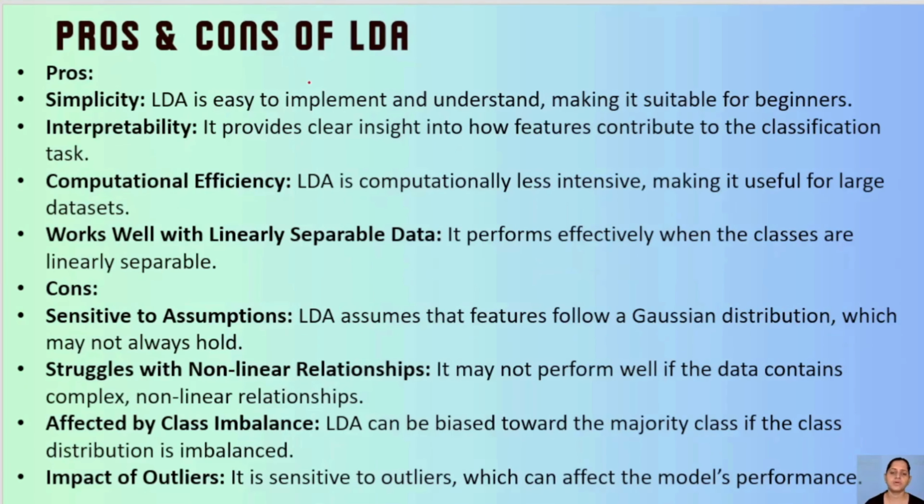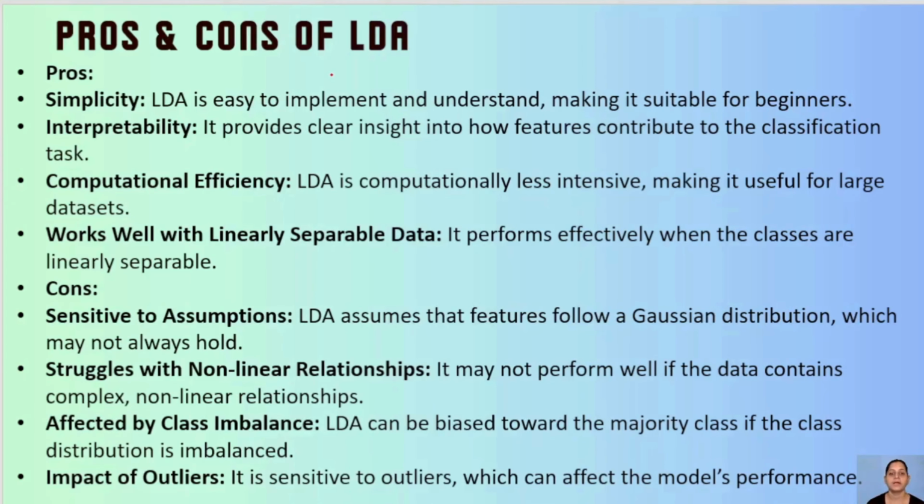What are the pros and cons of LDA, guys? Again, every algorithm has some advantages and disadvantages at the same time. I have already explained many advantages: it is very easy, and the way it is reducing the dimensions helps in suppressing the features without losing their main characteristics.